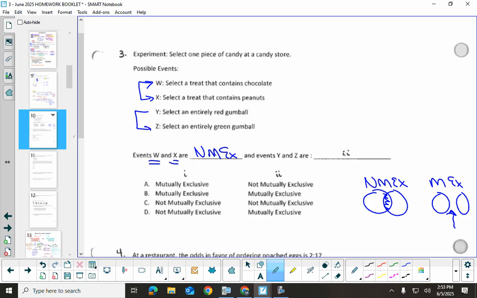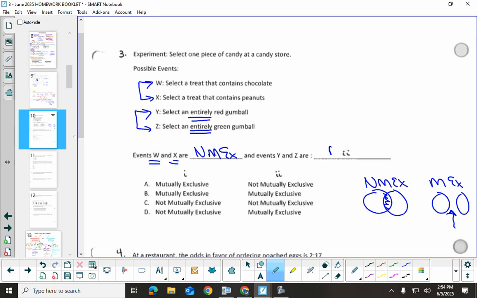Events Y and Z. Is it possible to have a gumball that has red and green on it? No. It's either entirely red or it's entirely green.